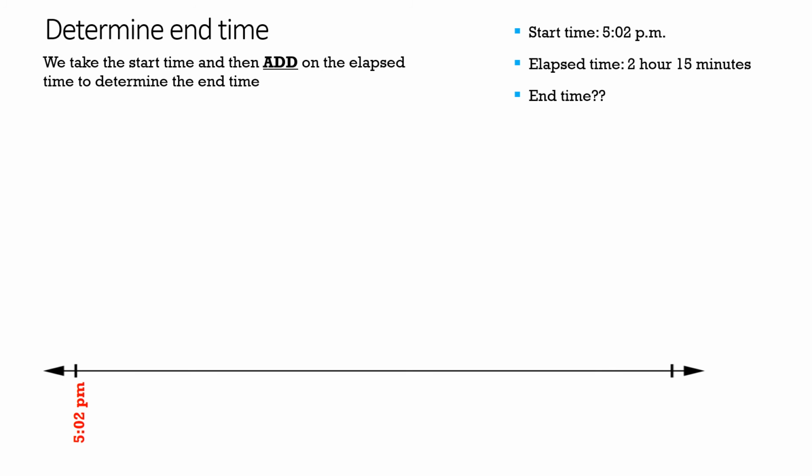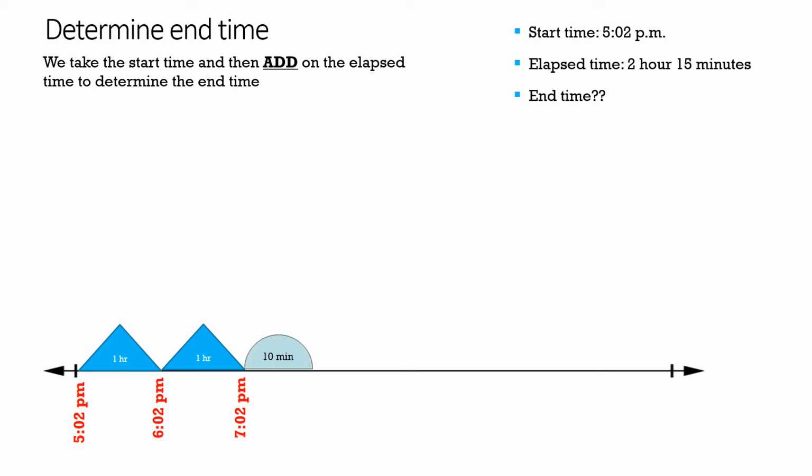Now we have to show elapsed time. So we have 2 hours, 15 minutes. So we know a mountain is an hour, so 5:02 plus an hour would be 6:02, and we need another hour, so we're at 7:02, and now we need 15 minutes. We know a hill can be worth 10 or 5, so it works out perfect.